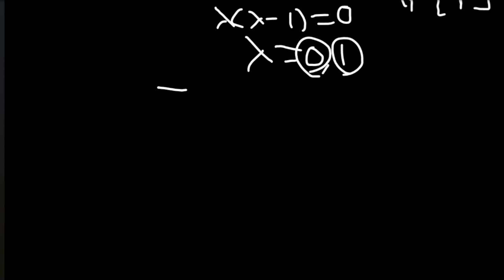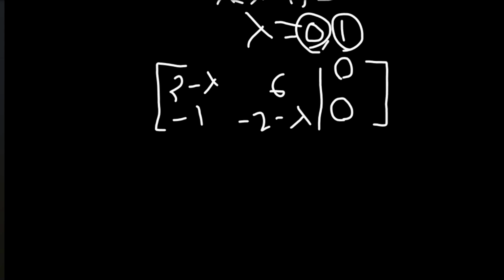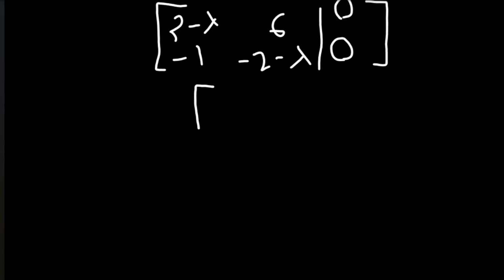So again, we know that our matrix A is 3 minus lambda, 6, negative 1, negative 2 minus lambda. We're going to augment this with 0. We now are going to do lambda is equal to 1. So then we end up getting 2, 6, negative 1, negative 3.